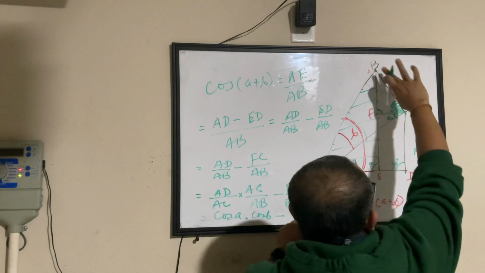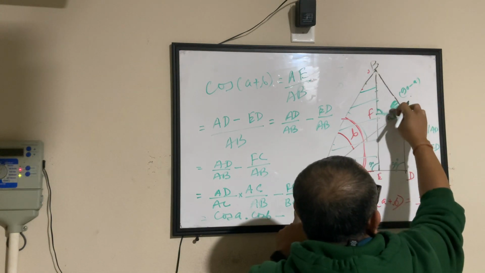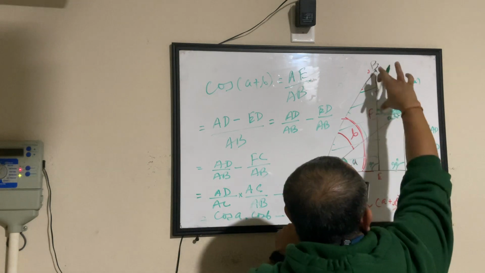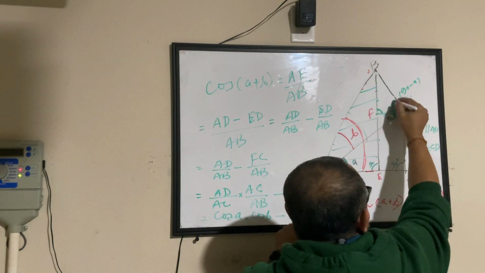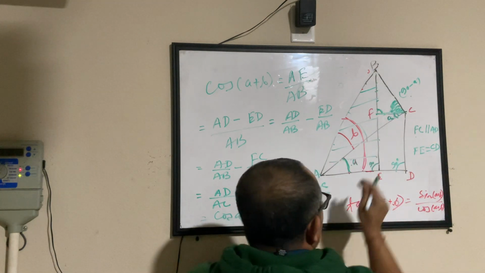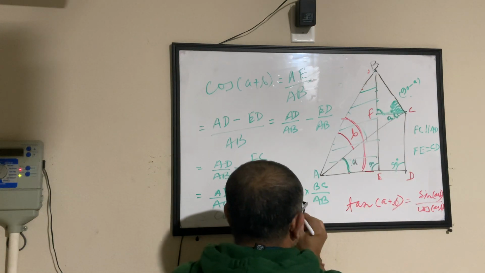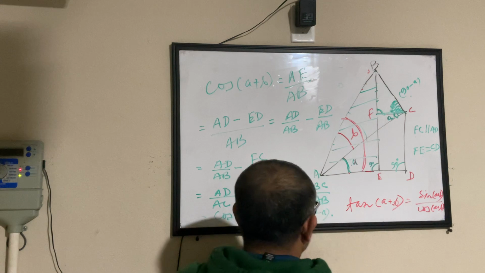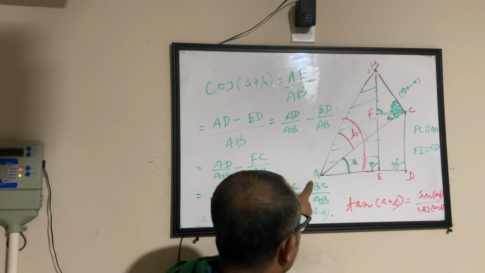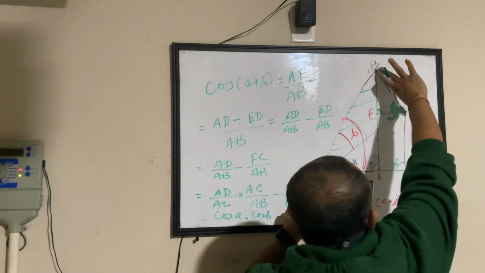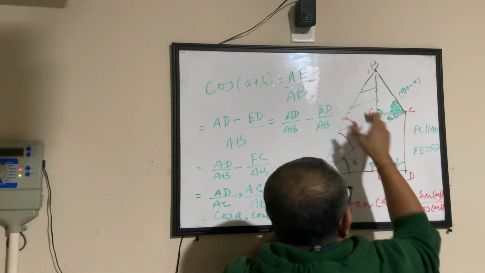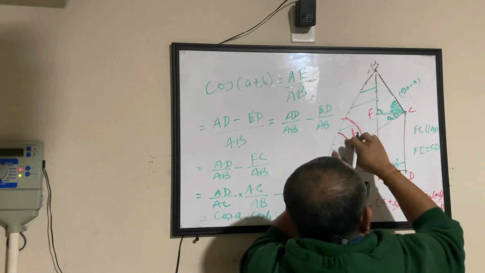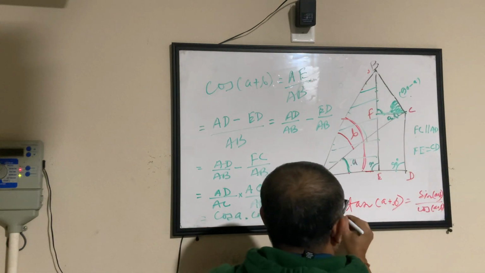Now we know that this is my angle 90 degrees minus A. FC by BC is cos of this angle, so cos of 90 degrees minus A, times BC divided by AB. Now this is angle B, so BC is opposite to this angle B. So this is sine of B.